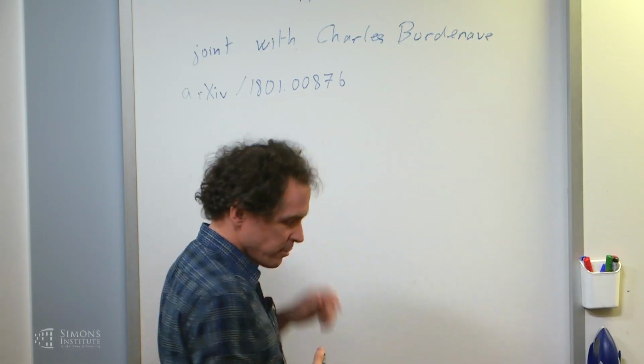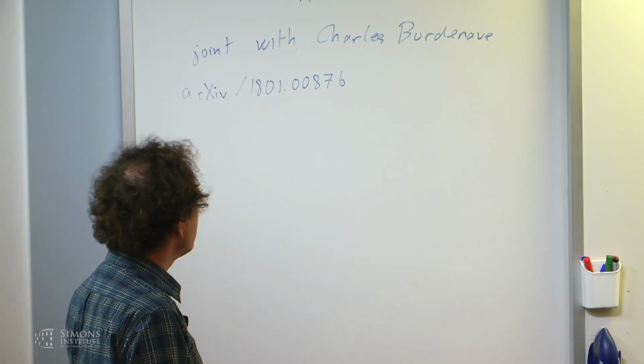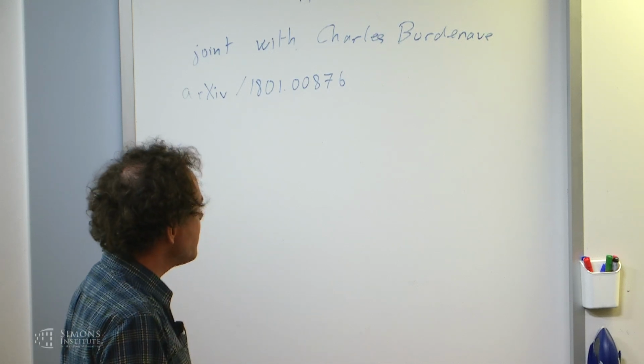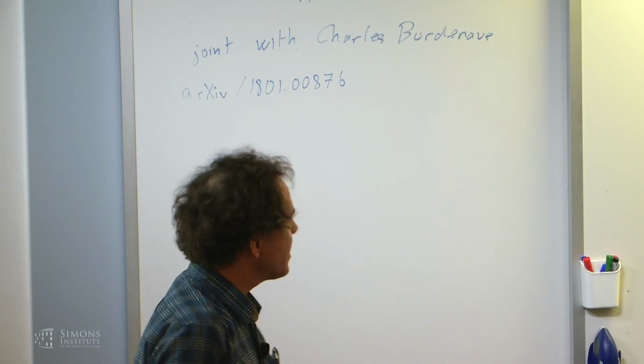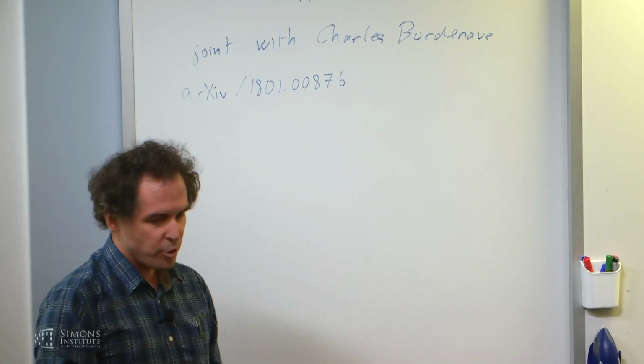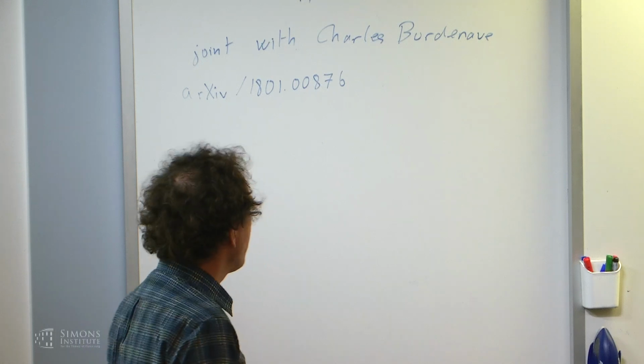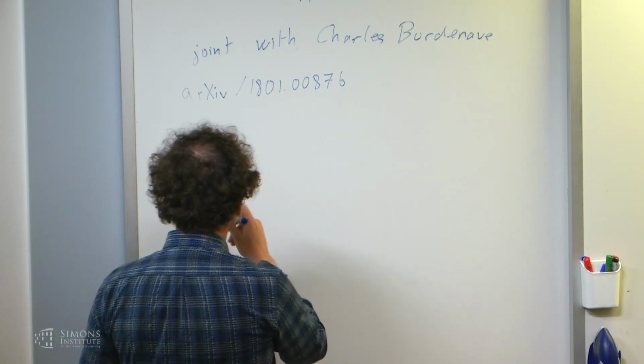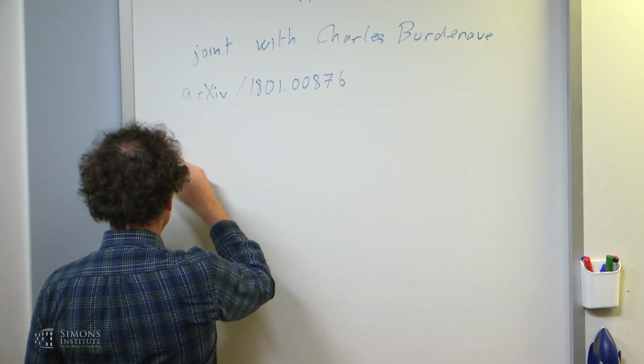Okay, so that's the arXiv reference. We can take a look at details. So basically, what we are interested in is to study the joint behavior of random permutations.